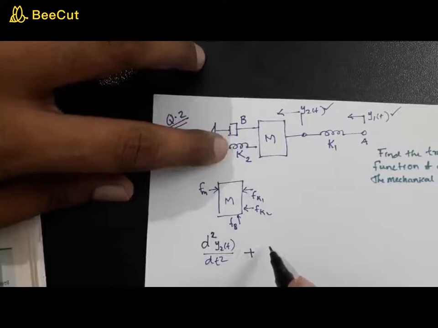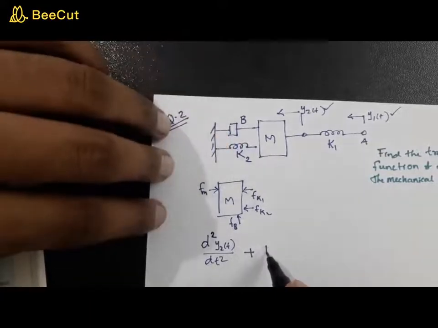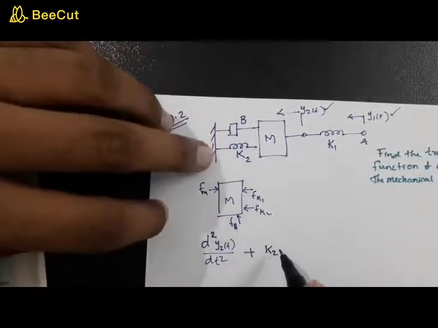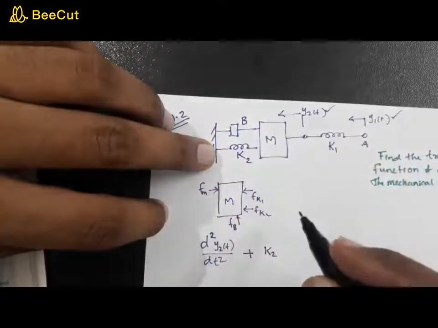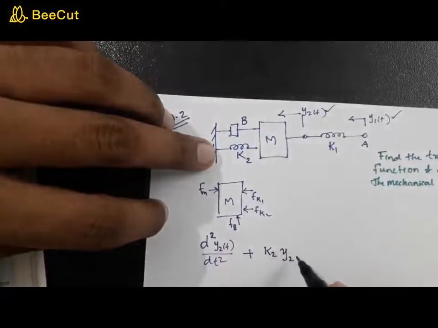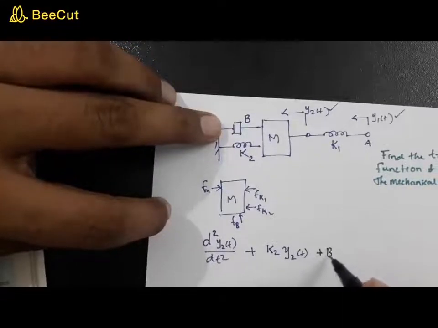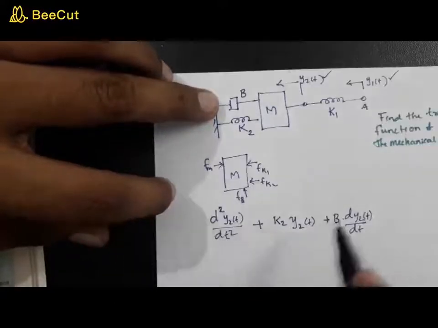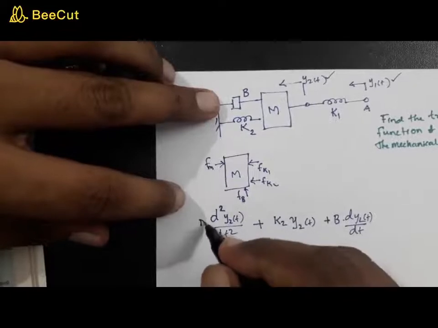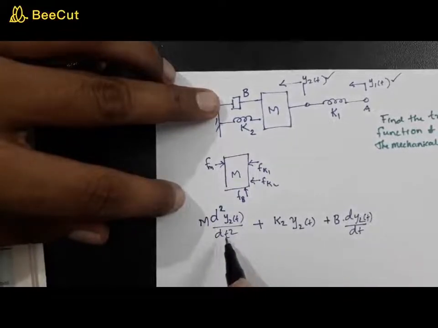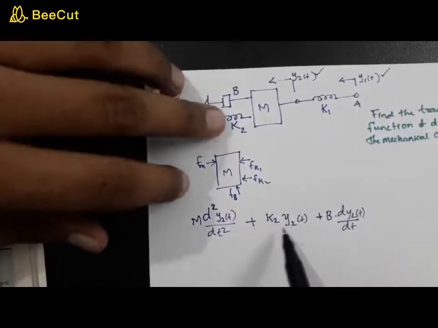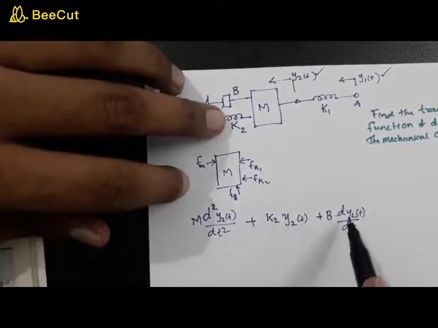Fk2 is equal to k2 times the displacement associated with this, y2 of t. Now what about b into dy2 of t by dt? So this is m into d square y2 of t by dt square plus k2 into y2 of t plus b into dy2 of t by dt.